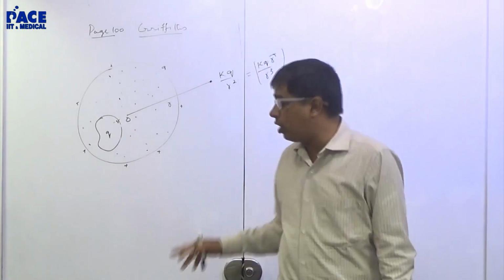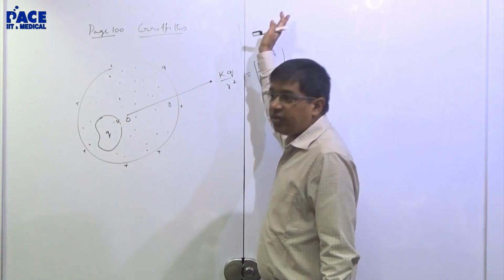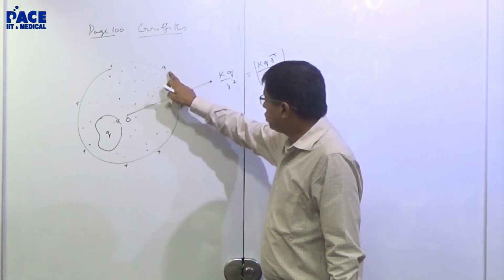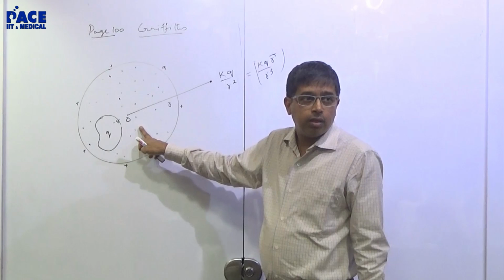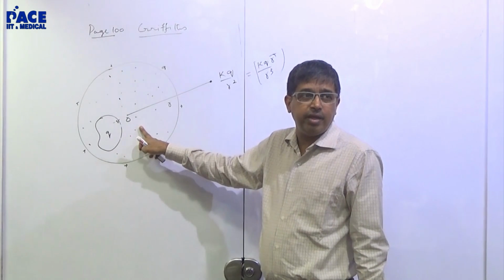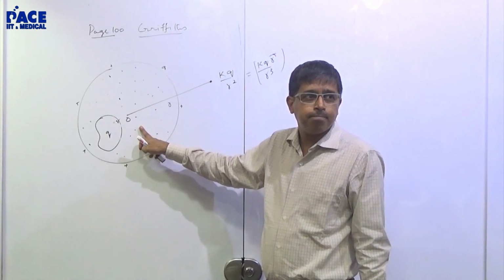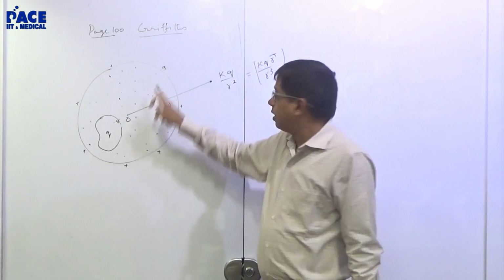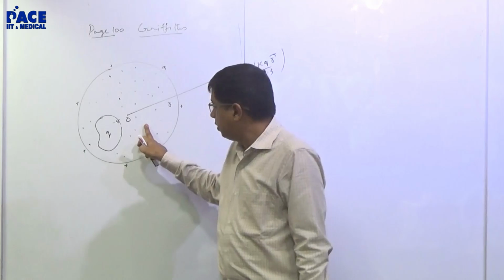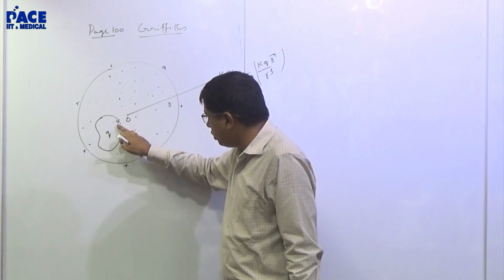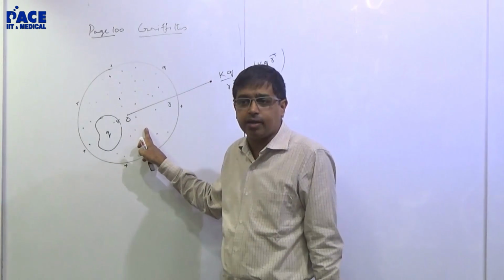Which way did he find out? He said, if the sphere is of infinite radius, this Q will give me insignificant field here. If the sphere is very large, it will give me insignificant field here. So now for the net field to be zero, these both should accomplish the cancellation here.